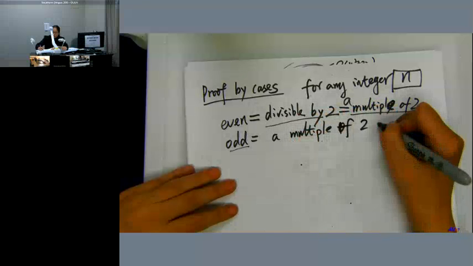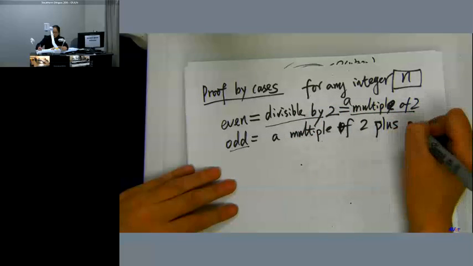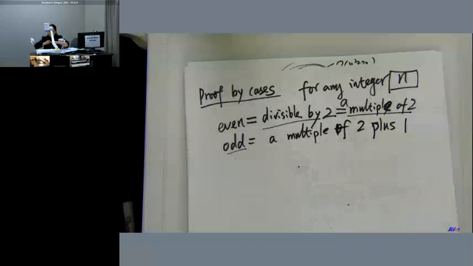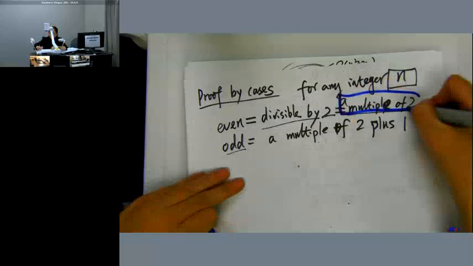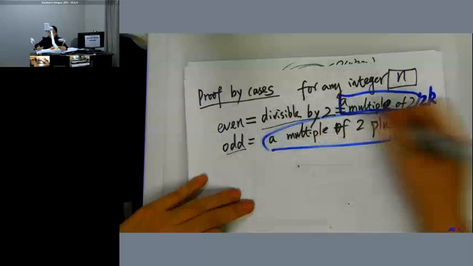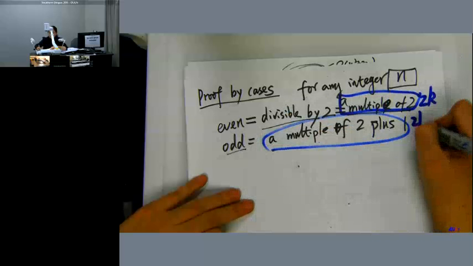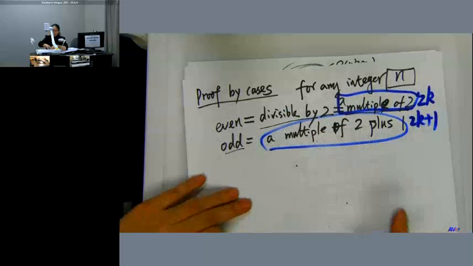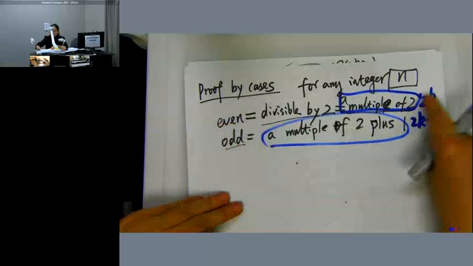How are you supposed to represent a multiple of 2? How do you write a multiple of 2 using symbols? 2k. How do you write a multiple of 2 plus 1? 2k plus 1. Yes.